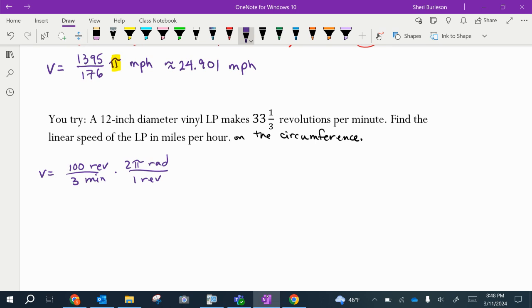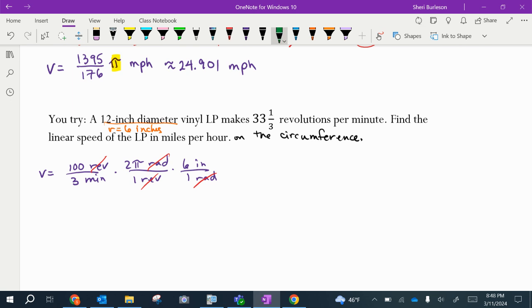And now I want to convert this to miles per hour. Well, the radius is 6 inches, because if the diameter is 12 inches, the radius is 6 inches. So I have 6 inches per 1 radius. So I am now in revolutions reduce, radians reduce. I am in inches per minute.